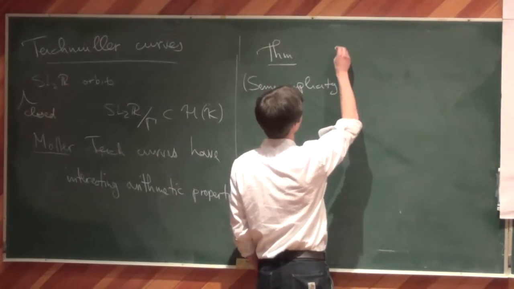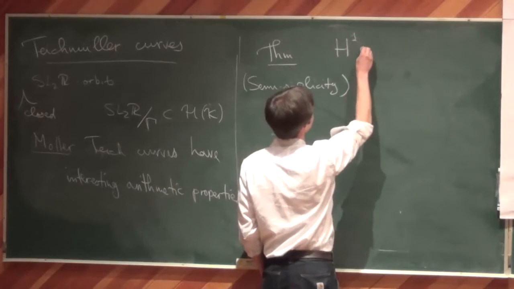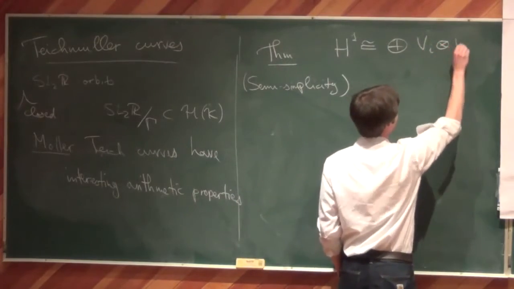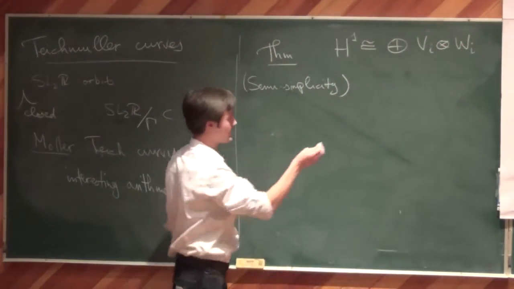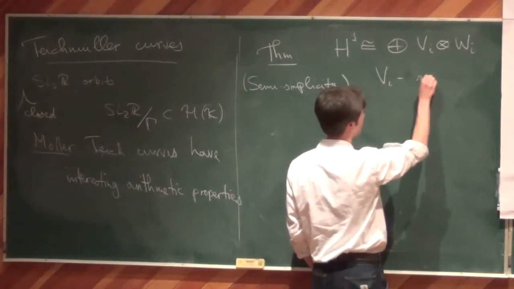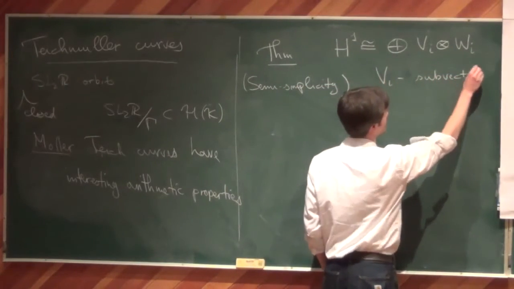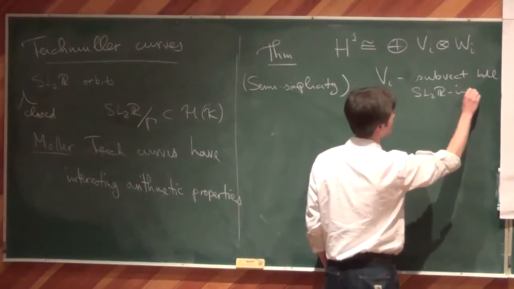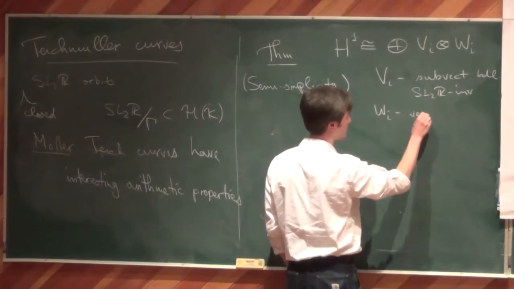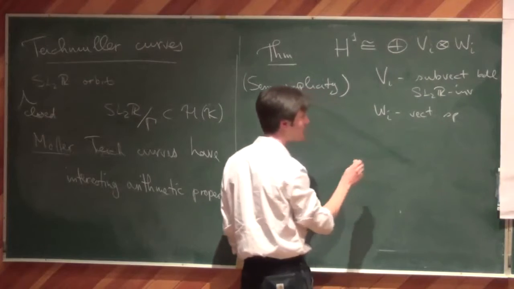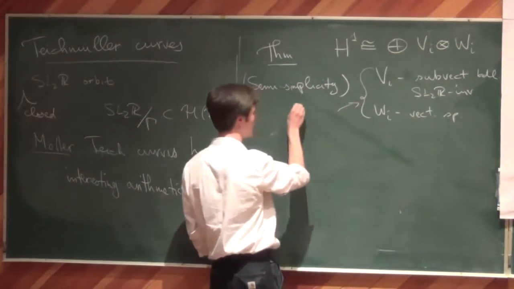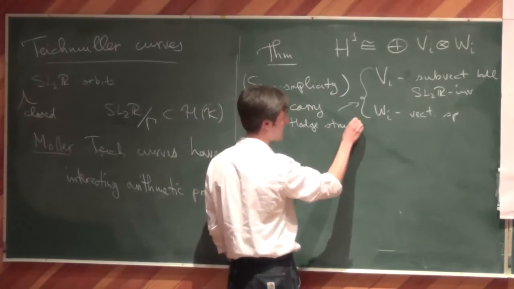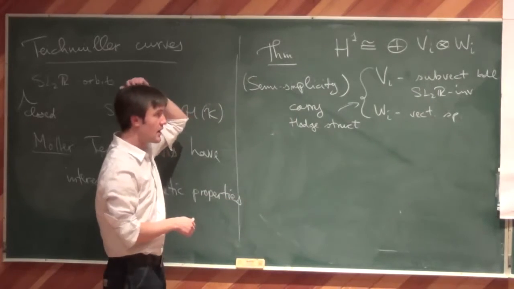It says that this bundle H1 decomposes as a direct sum, so the only way you can have invariant subbundles is as follows. Pi is a subvector bundle, so it's SL bar invariant. The Wi are vector spaces, and all of these carry Hodge structures, which just means that they have these holomorphic subbundles inside of them.